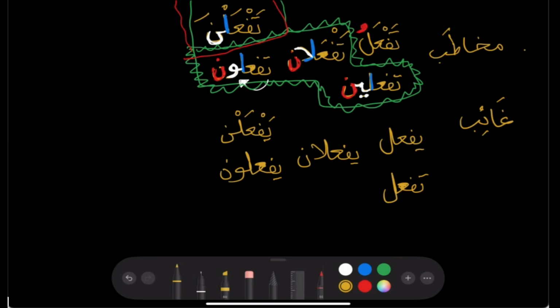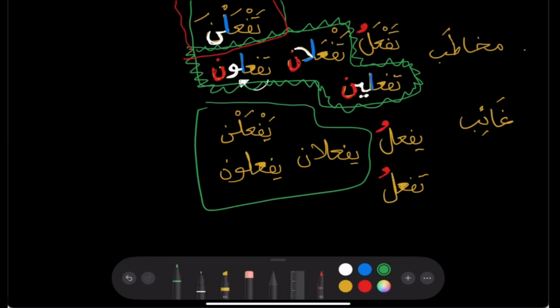So let's look. Yaf'alu, huwa yaf'alu. Sign of Rafa is a Dammah because there's no suffix. Hiya taf'alu. Again, sign of Rafa is a Dammah because there's no suffix. The rest have suffix. Okay. So what did we say up above?